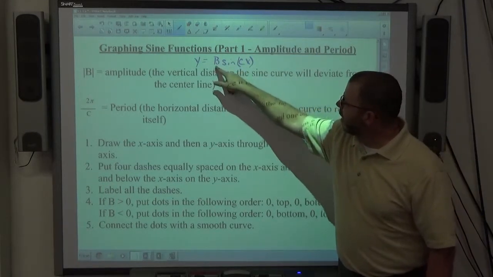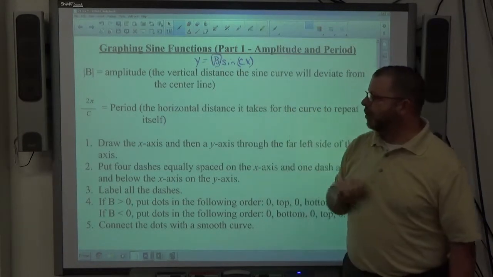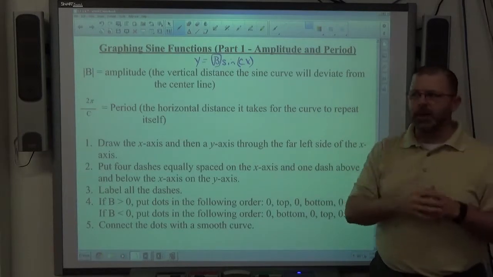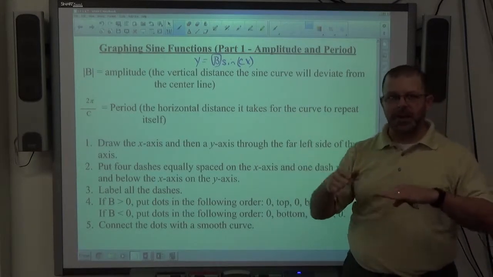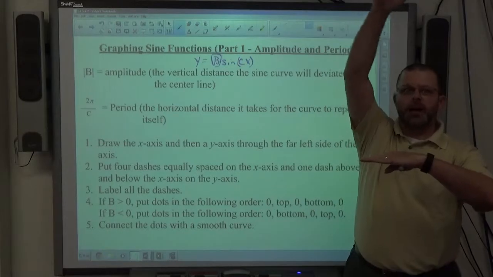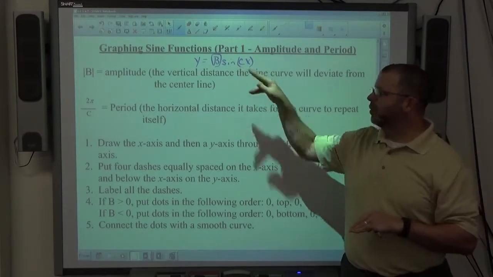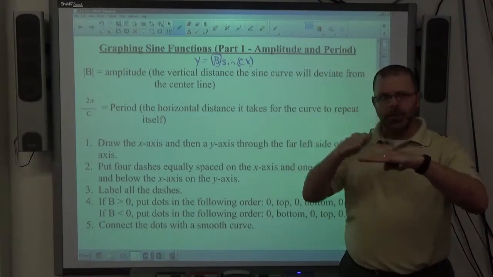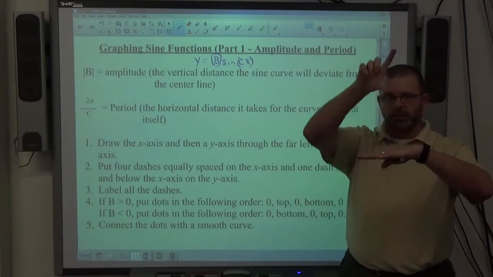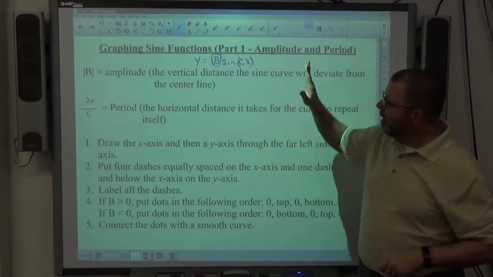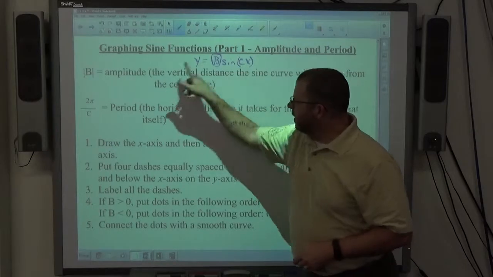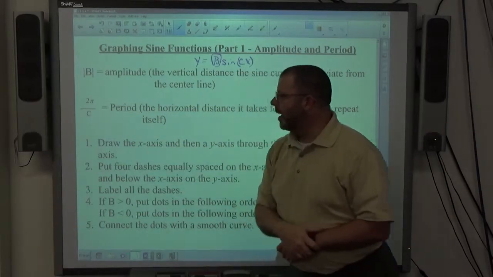The number in front of the sine function is the amplitude number. The absolute value of that number is the amplitude. So if it says 5 sine of x, instead of going up to 1, it's going to go up to 5. If it says 0.2 sine of x, instead of going up to 1, it's going to go up to 0.2. So it's going to shrink it or make it raise. The number in front of x divided into 2 pi gives us the period.